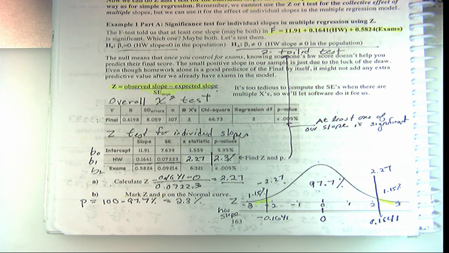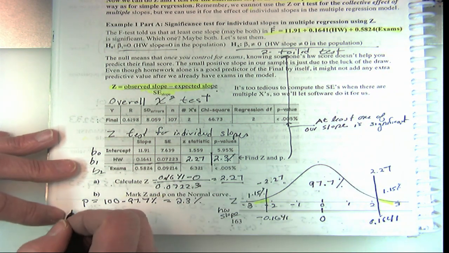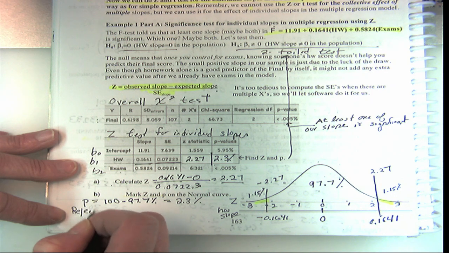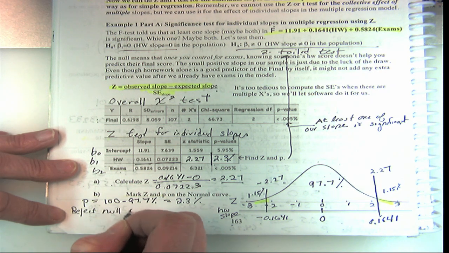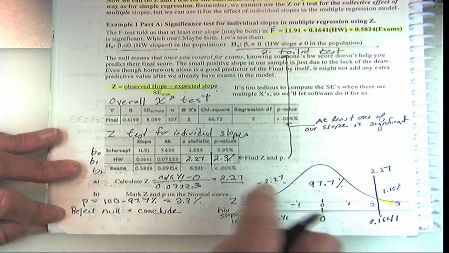So what are we going to do? Our conclusion, obviously, is what? We're going to reject the null because our p-value is below the 5% level. Reject null and conclude the homework slope is significant.